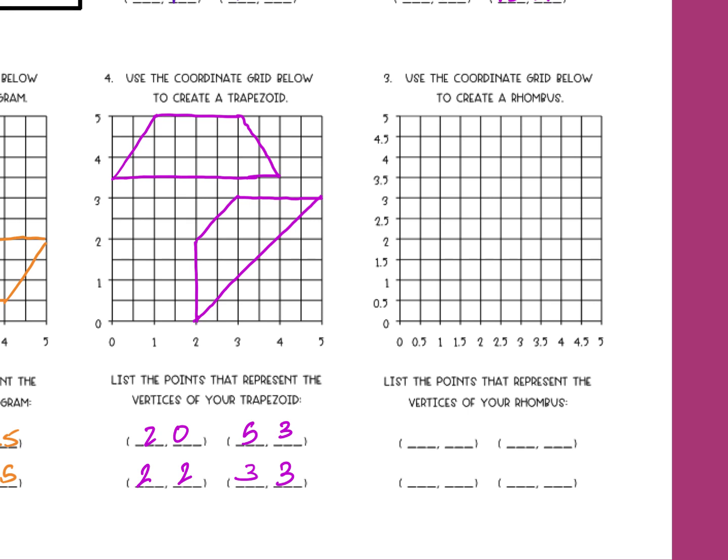So let's see. If I do this, this is going to be a square, so that's not really a rhombus. Because that forms a 90-degree angle, so that doesn't matter.